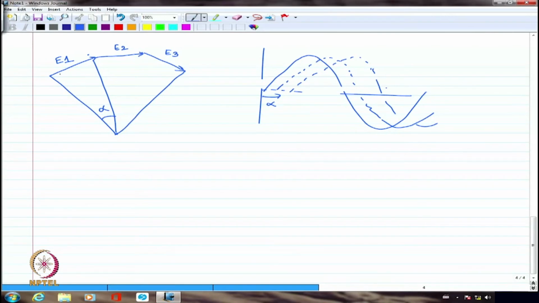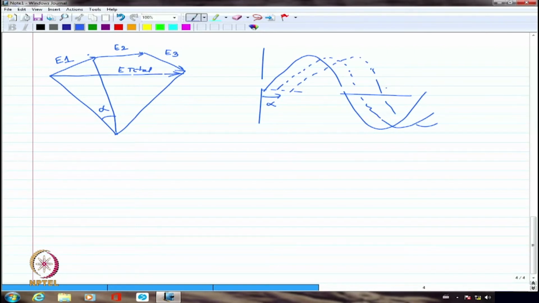So when I add them vectorially, I'm going to get this as the total EMF. Vectorially, I have to add all the 3 EMFs at any instant of time. That will be the total EMF. This is the total EMF per phase if I assume that these are the windings belonging to a particular phase.